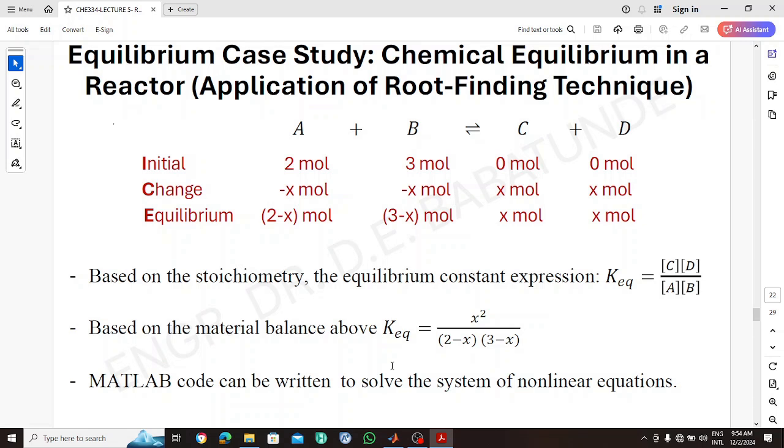So that equation that we have on the screen is the same thing as saying k equilibrium divided by 1 is equal to x squared divided by 2 minus x multiplied by 3 minus x. I think they must have told you somewhere along the line that you can cross multiply so that the equation on the right hand side can equal the equation on the left hand side if you want to get rid of the denominators, right?